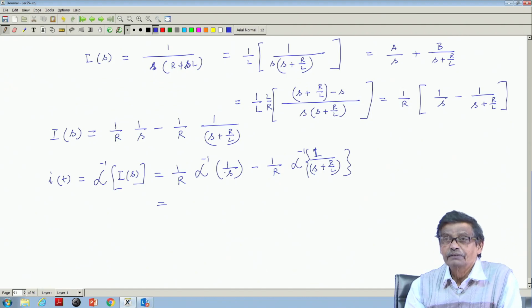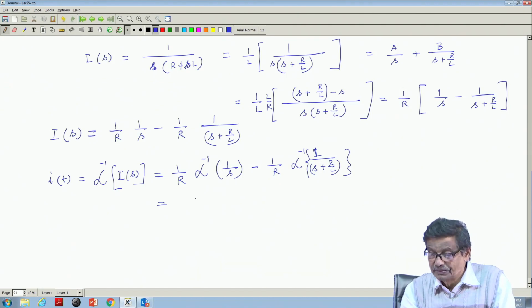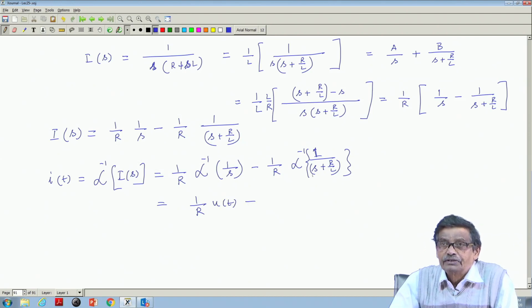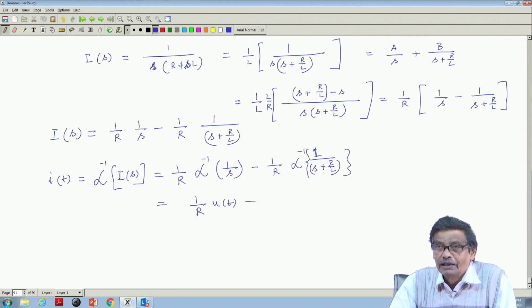Now, what is the Laplace inverse of 1 by S? It is u(t). So 1 by R into u(t). And what is the Laplace inverse of 1 by S plus R by L?